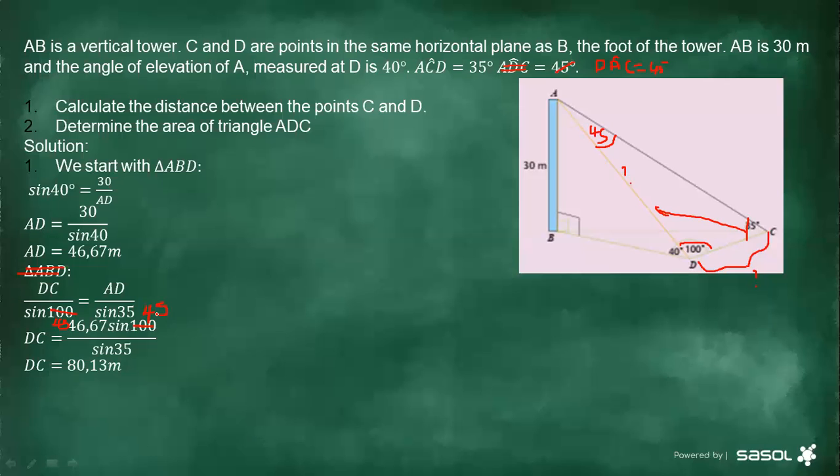Now let us recalculate: 46,67 times sine 45, divided by sine 35.